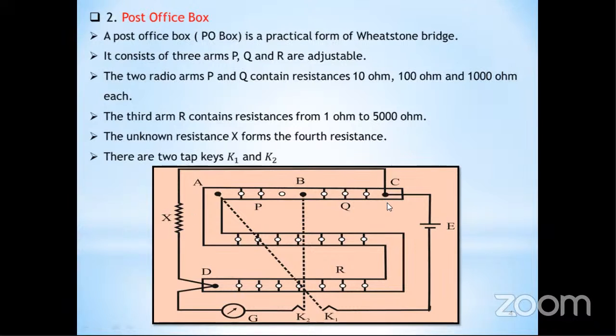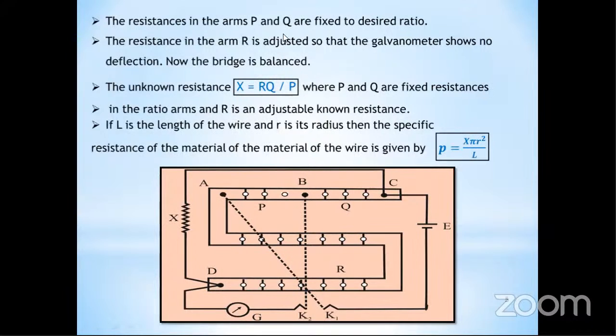Again, here we are going to find out the unknown resistance with the help of three known values, and with the help of these three known values we can find out the fourth value of the resistance. Here the resistances in the arms P and Q are fixed to a desired ratio, and then the resistance R is adjusted so that the galvanometer shows no deflection, that is zero deflection.